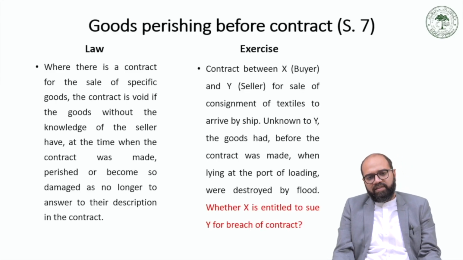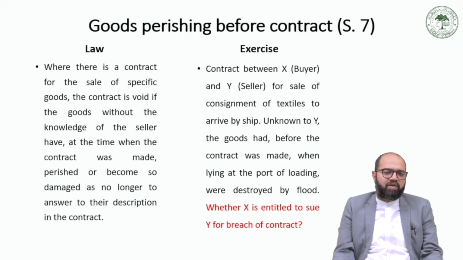Then based on this provision, we'll do an exercise in order to better help you understand it. The exercise is that there is a contract between a buyer and a seller, that is X and Y respectively, for sale of a consignment of textiles to arrive by ship. However, unknown to the seller, that is Y, the goods had, before the contract was made, when lying at the port of loading, been destroyed by a sudden flood.